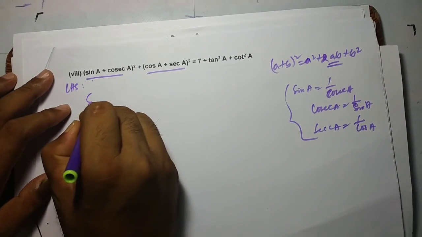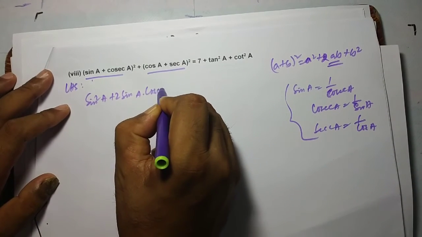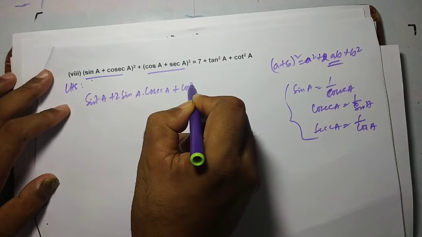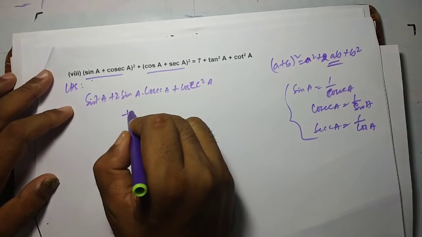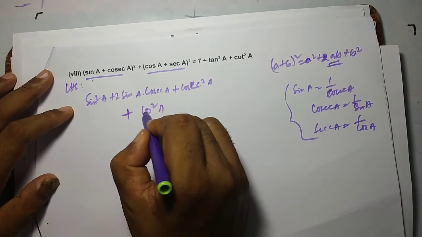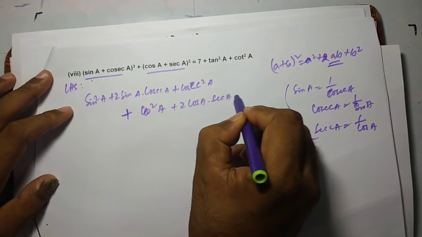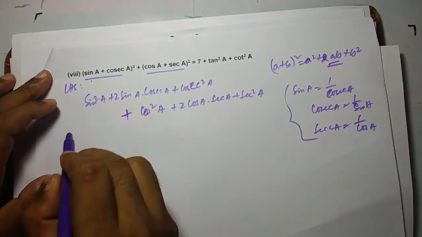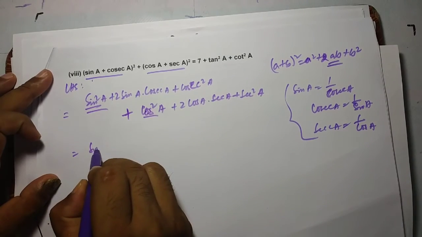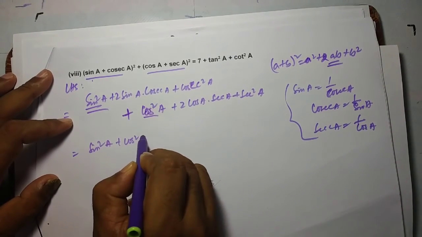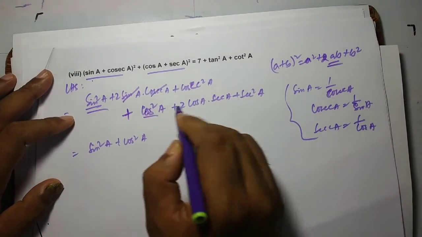Let's break it: sin square A plus 2 sin A cosec A plus cosec square A, and the second term is cos square A plus 2 cos A sec A plus sec square A. Correct? Now rearrange: sin square A plus cos square A, and sin A cosec A is 1.